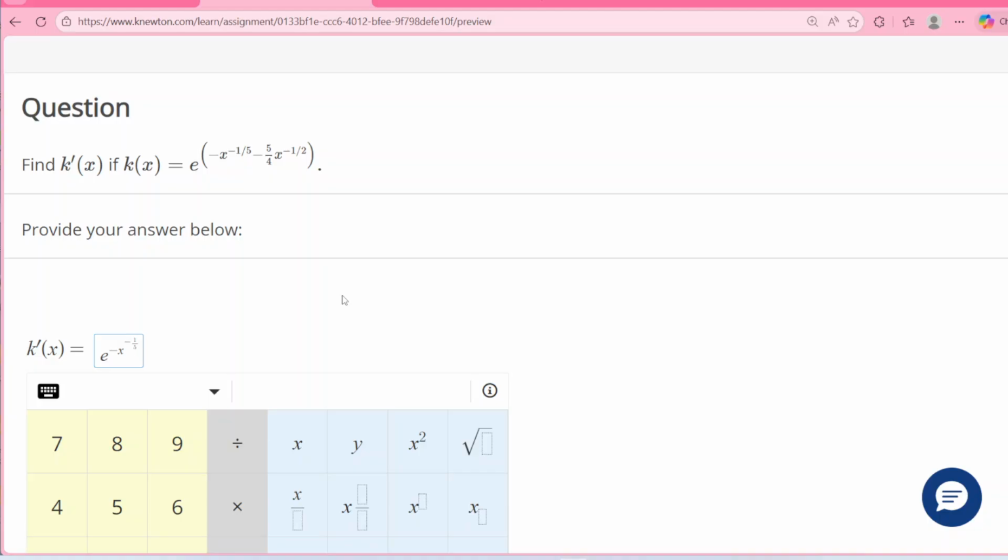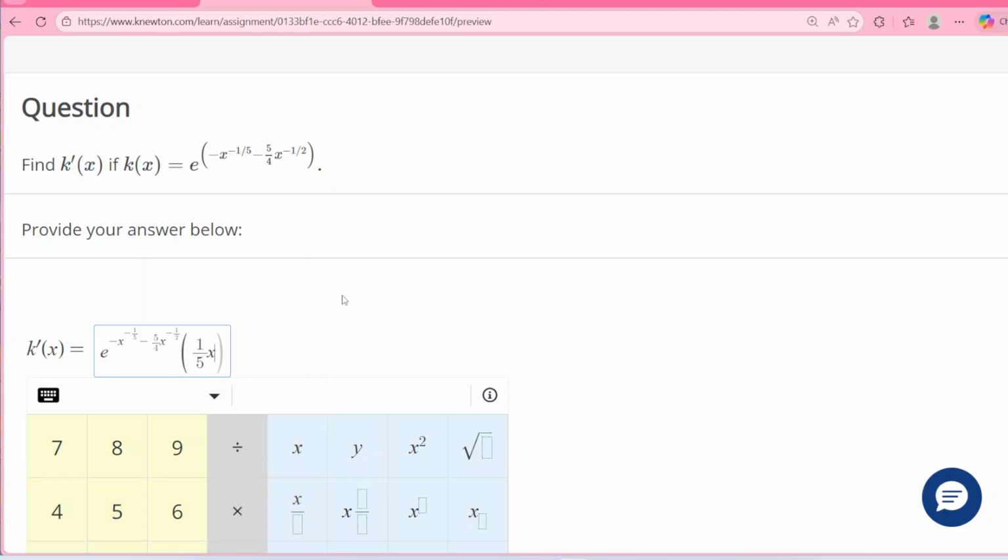Get down a little bit, and then minus 5/4, still in the power, x to the negative 1/2, all that in the power, times, so in parentheses, the derivative of that power was 1/5 times x to the negative 6/5 power, then plus, and then 5/8 times x to the negative 3/2 in the power there, and close the parentheses. That should be good.